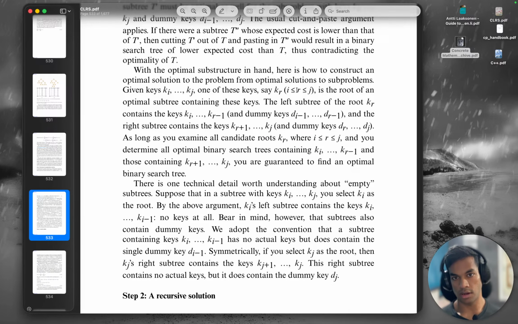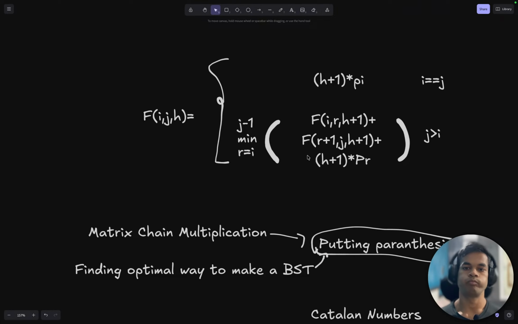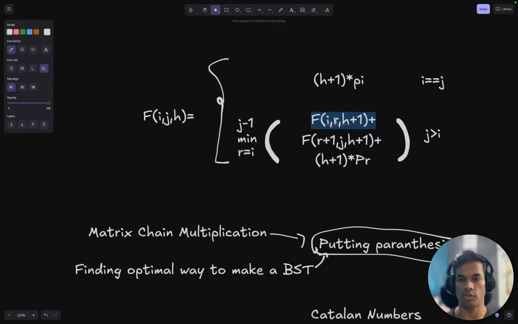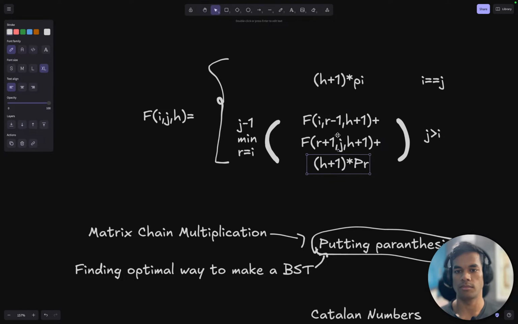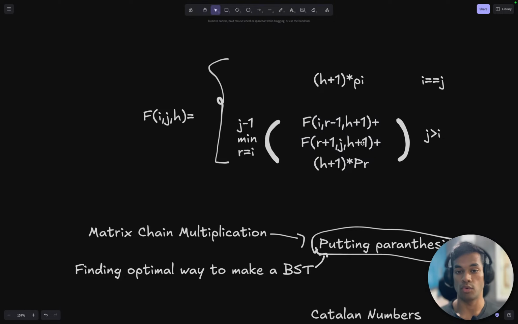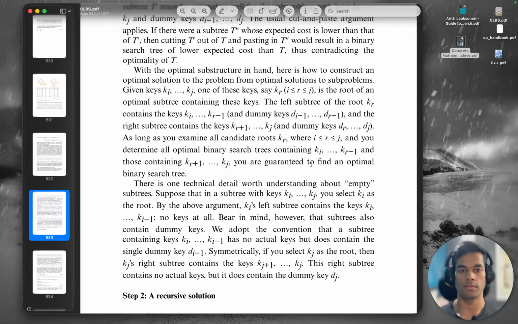Yes, if we are considering r, it makes sense because r is the root which we have chosen. So r minus 1. The rth node is not going to be considered. And the right subtree contains r plus 1 till j, and these would be the dummy keys.